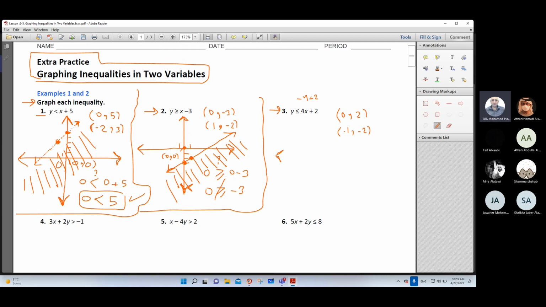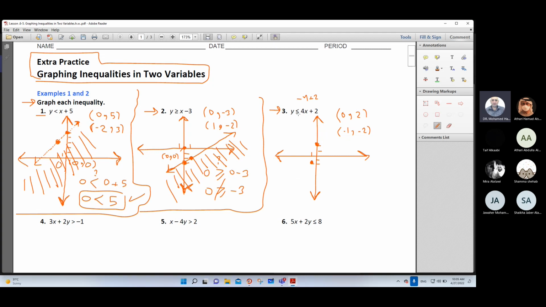Then create the coordinates. We have (0, 2), here 1, here 2, and (-1, -2). The second point will be here.